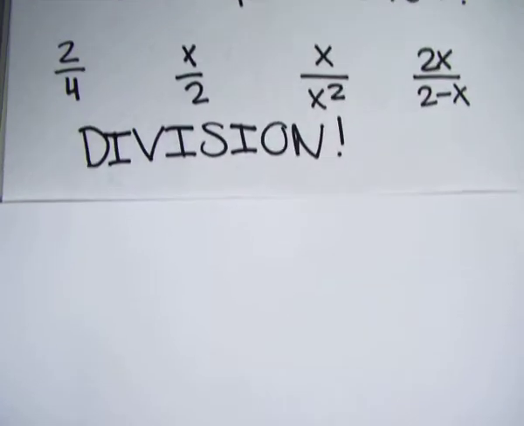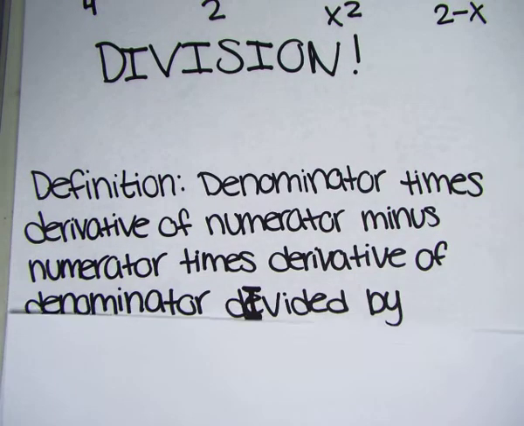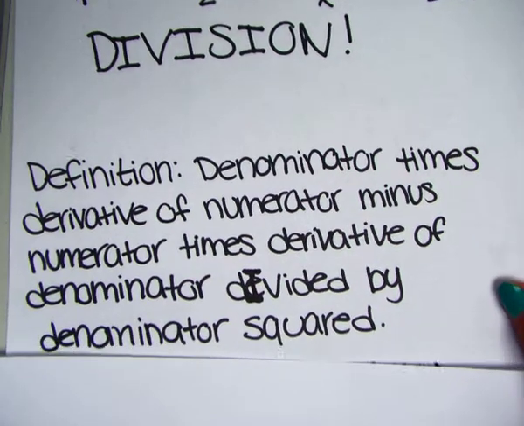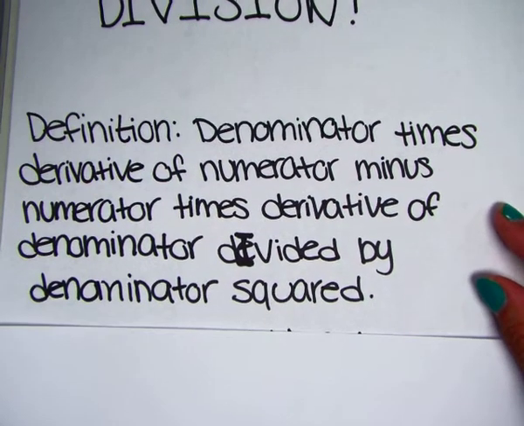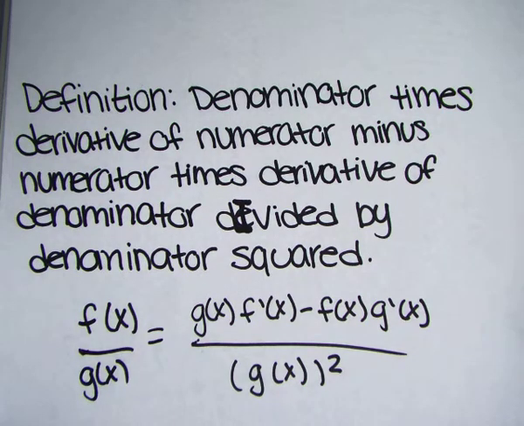And the definition would be the denominator times the derivative of the numerator minus the numerator times the derivative of the denominator, all divided by the denominator squared. And it would look like f of x over g of x, and it shows it at the bottom of the screen. Do you get what I'm talking about?